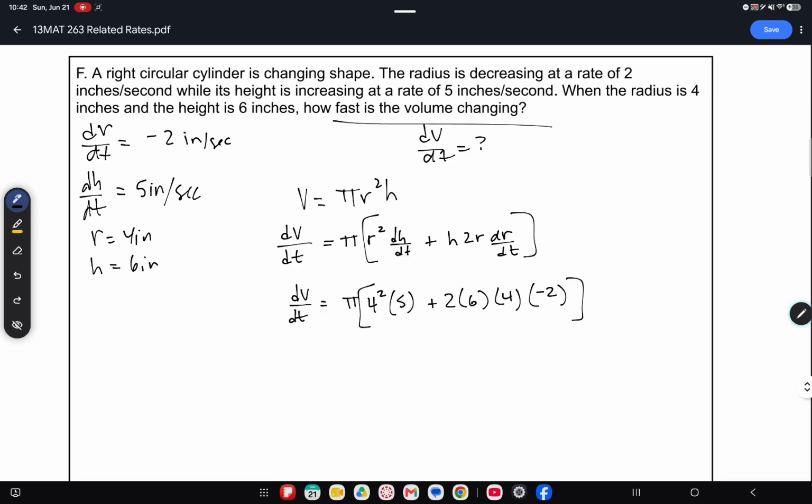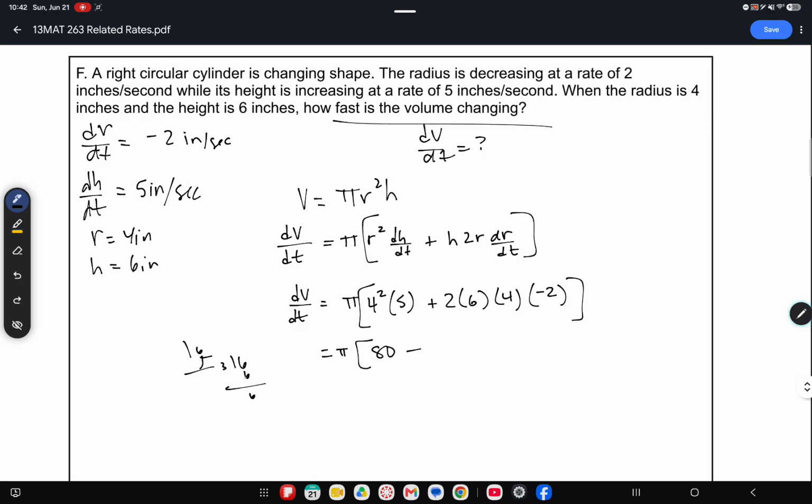All right, let's see here. I have 16 times 5, 80. And then, oh, I guess that'll really be minus. 2 times 2 is 4. 4 times 4 is 16. 16 and 6.